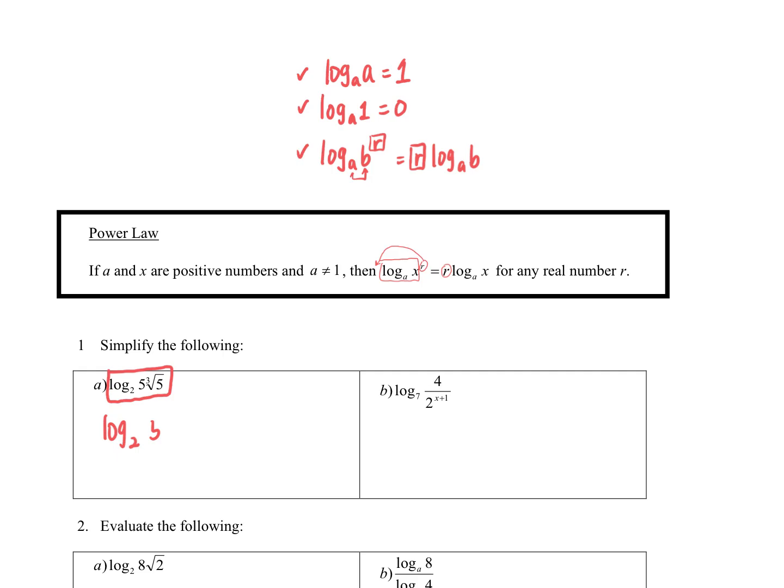Oh, that's a cube root. Okay, fine. Since that is a cube root, we need to write clearly. So 5 and 5 to the 1/3. So this is 5 to the 4 over 3. So if you simplify, you can bring the power down and then leave this as it is.